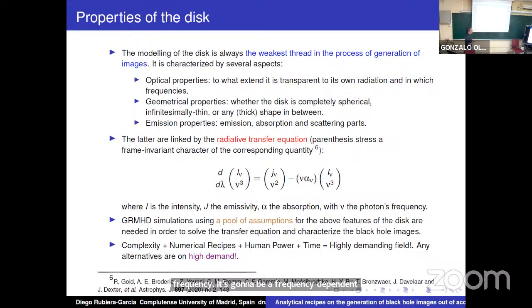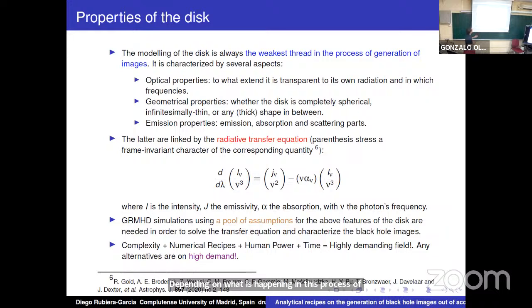The second thing is the geometrical properties. The disk can be anything between infinitesimally thin, an infinitely thin layer of matter, and a completely spherical bubble, or any shape in between, depending on what is happening in this process of infalling around the black hole.